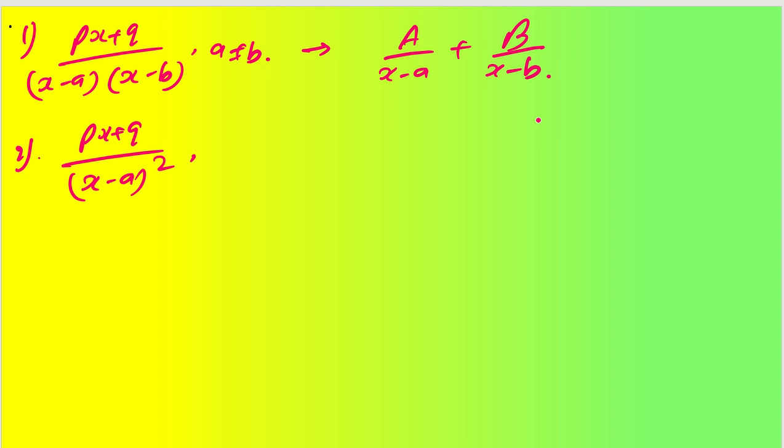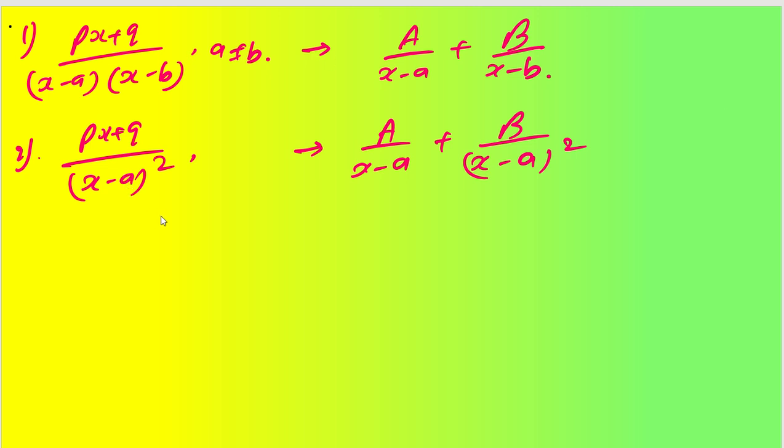In that case it will be A by x minus a plus B by x minus a whole square. So you have to convert it like this.